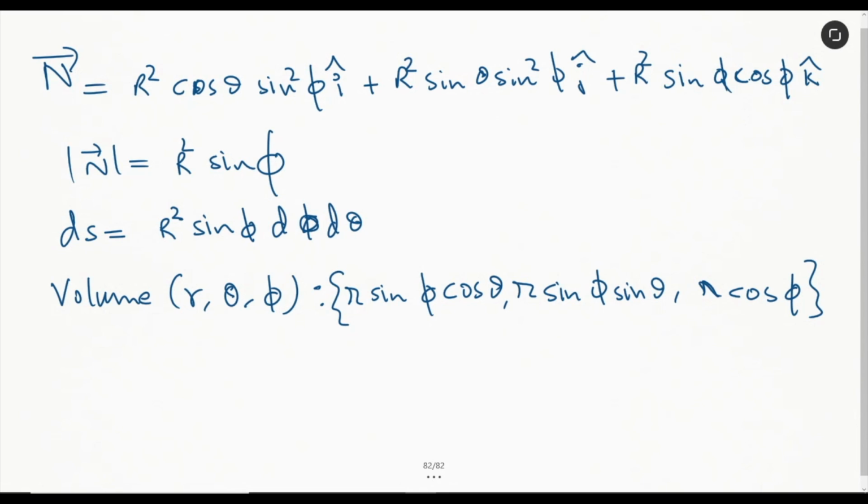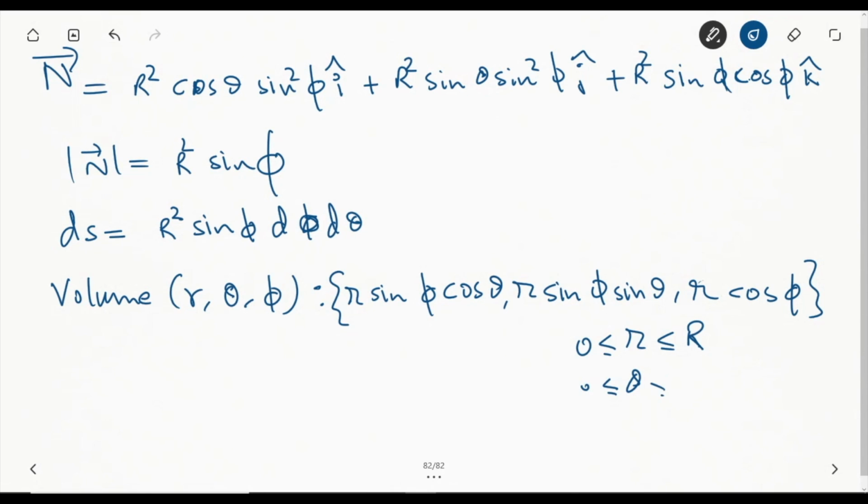So the parameter r will vary from 0 to capital R, theta will vary from 0 to 2 pi, and phi will vary from 0 to pi. Fine.